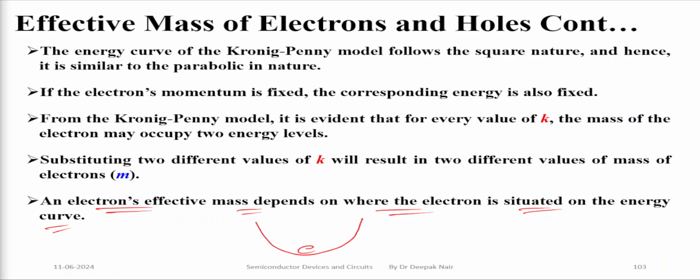If the electron is situated like this, then of course the energy of the electron at the bottom is less as compared to the energy of the electron on top of the energy well. So depending on the position of the electrons, the effective mass may differ.